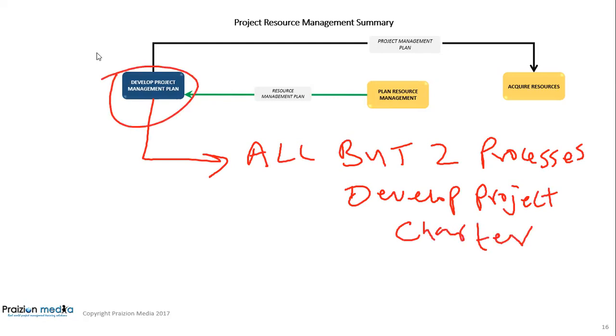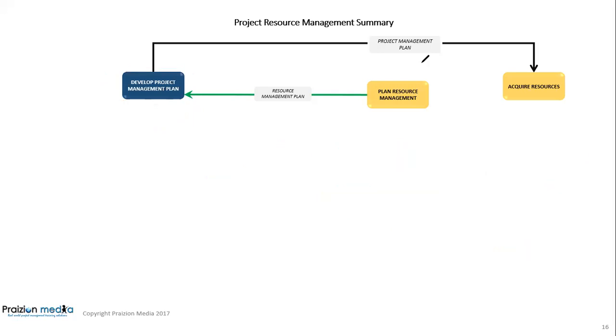So apart from this one and this one, the project management plan is an input to all the other 47 processes. So I just wanted to make that crystal clear so that you don't try to memorize this. It's just a fact. 47 of the processes use the project management plan as an input. So this should not come as a surprise.